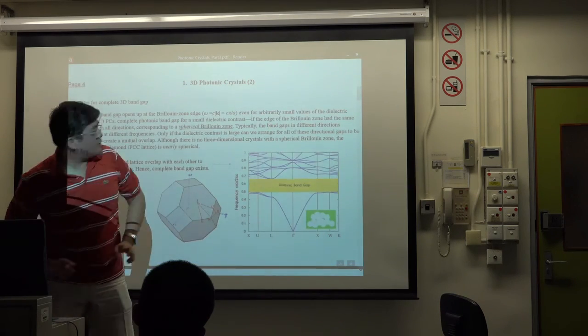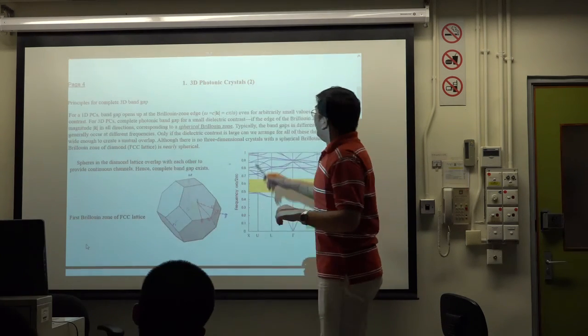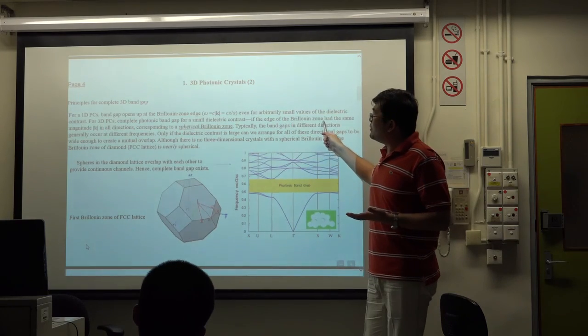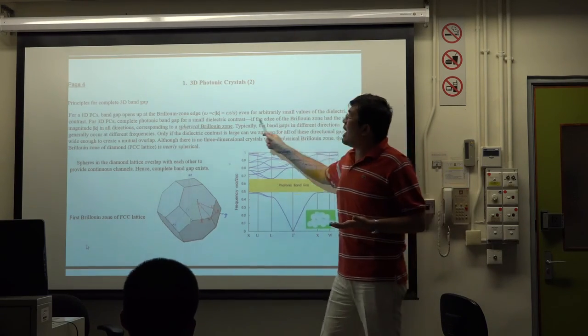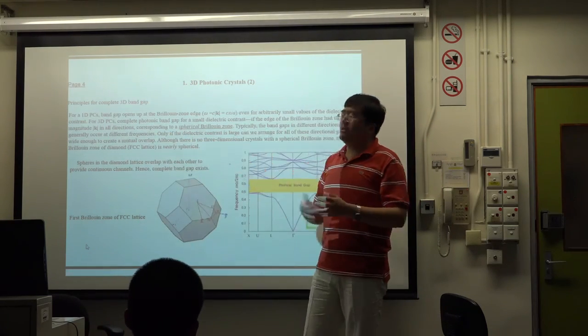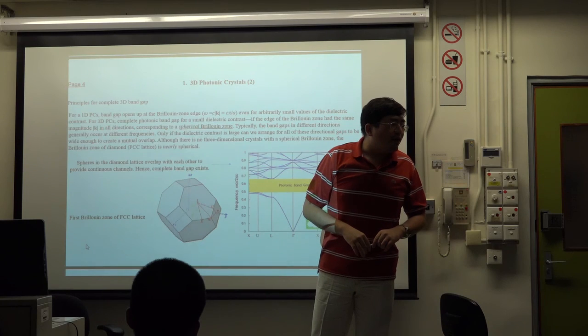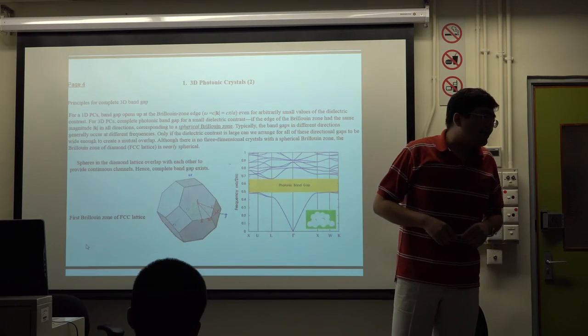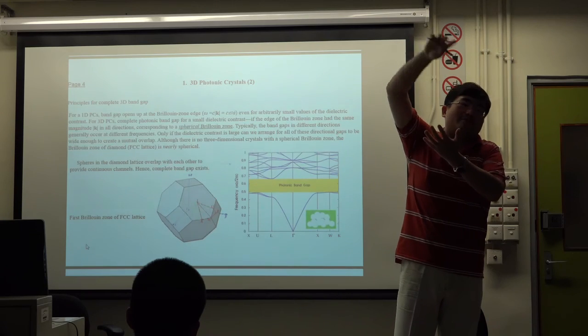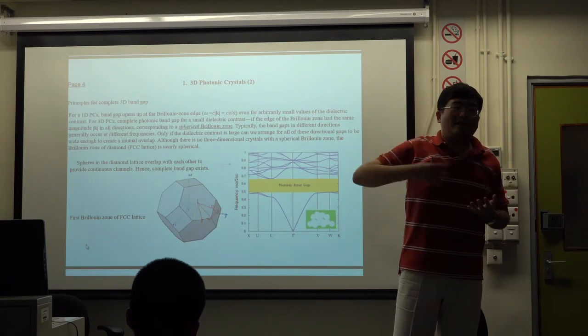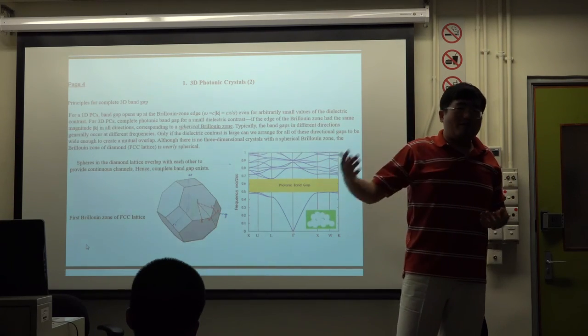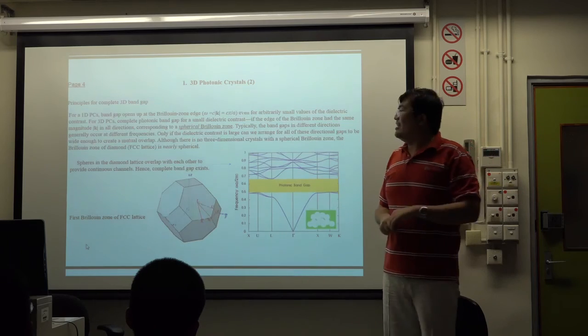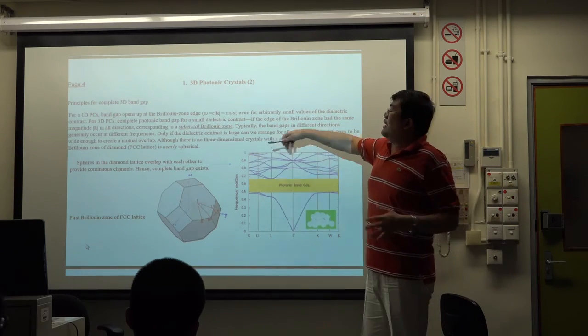So for a 3D problem, if the Brillouin edge has the same magnitude in all the directions, like a sphere, which kind of Brillouin zone? Free space, right? Free space is a sphere. The Brillouin edge is a sphere. If you give a virtual periodic boundary condition, it's similar to a sphere.